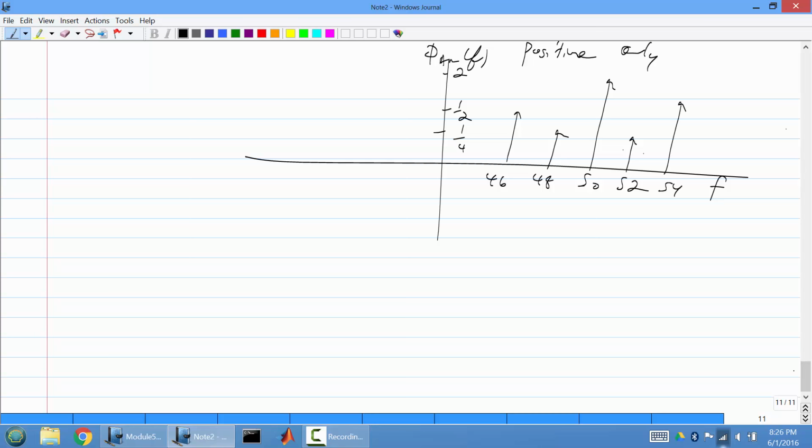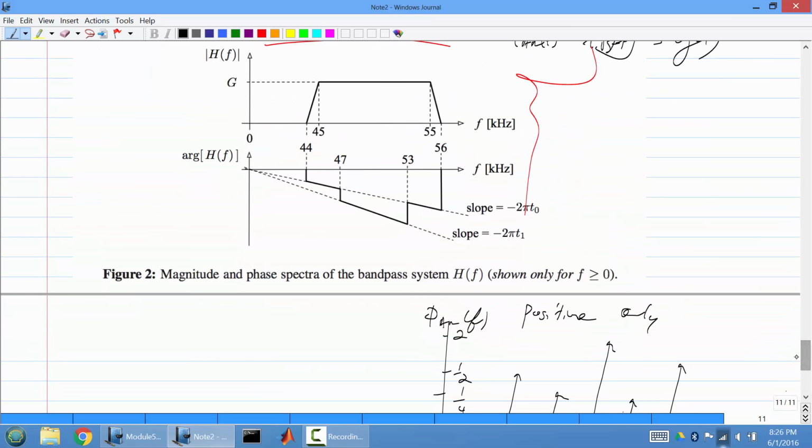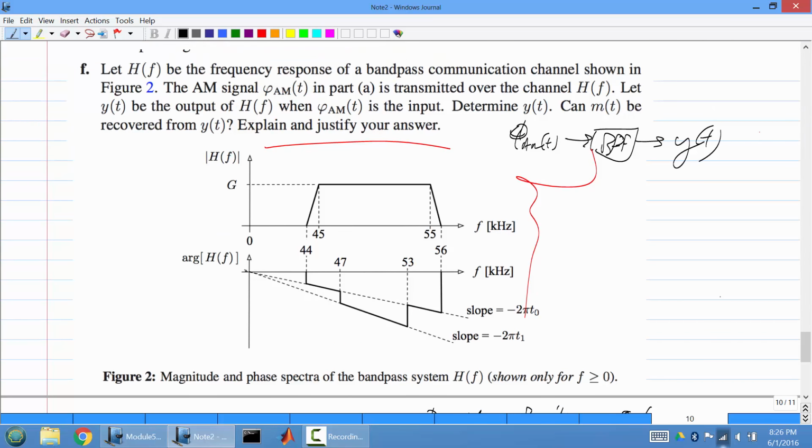At 46 kilohertz, I have some phase. Actually what's happening here is that we see there are 2 lines. There's one line here with a slope of minus 2 pi t naught. Okay, t naught is some constant which we don't know. And the output here is the slope here. Remember, this is a constant phase, right?